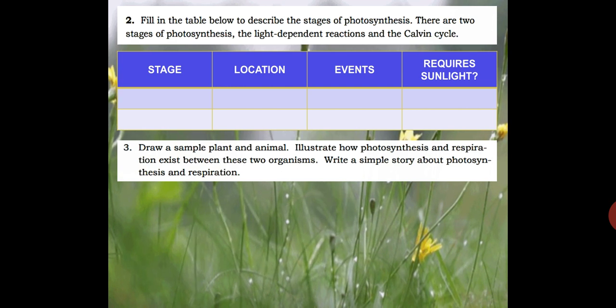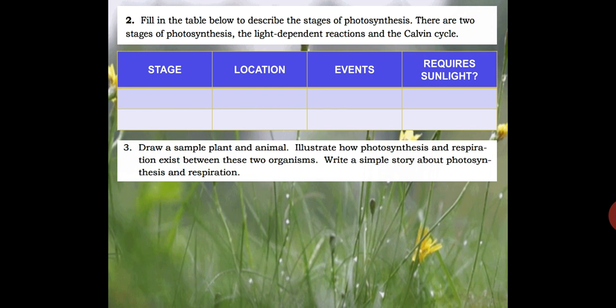So, we have 4 columns and 2 rows for the 2 stages of photosynthesis. In the first column is the stage, then location, which part of the cell it is located in, and then the event, and whether it requires sunlight. So, you're going to put a check on the last part.